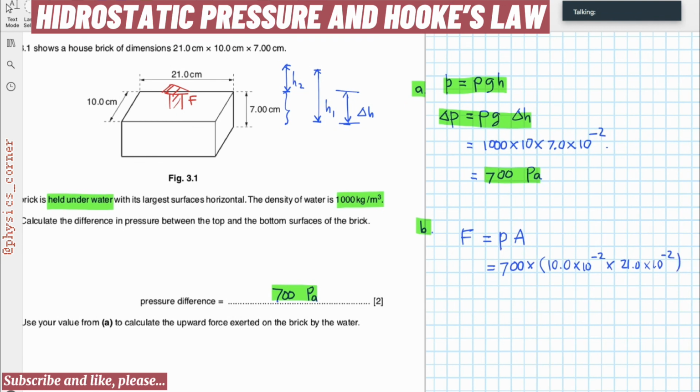So we get only 21.0 Newton. Oh, sorry, times 7. This is 10 to the power minus 4, so it cancels. We just multiply 7 times 2.1, which is 14.7 Newton.